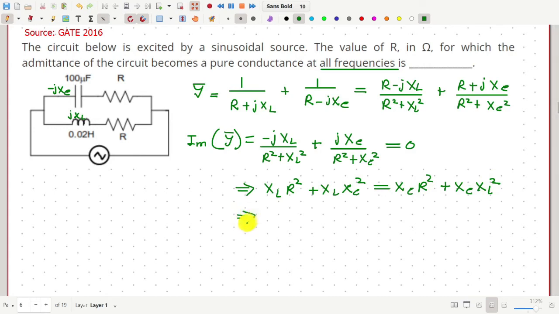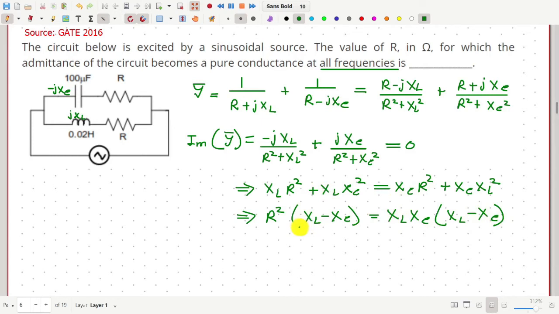So from this we have R squared into XL minus XC equal to XL XC multiplied by XL minus XC.